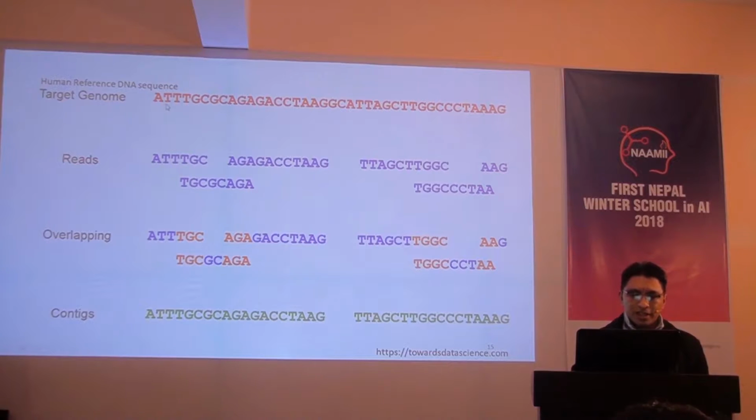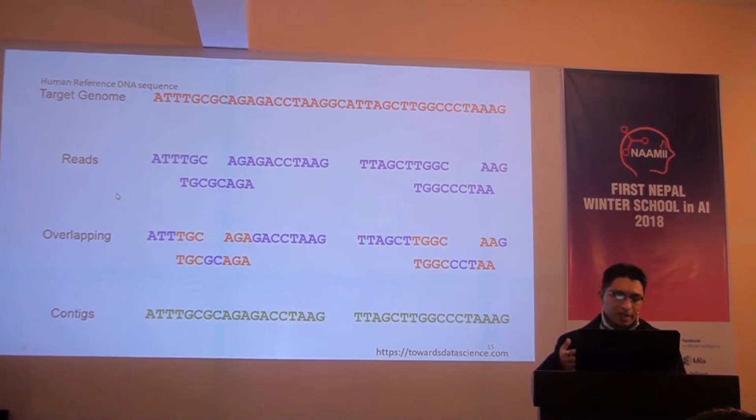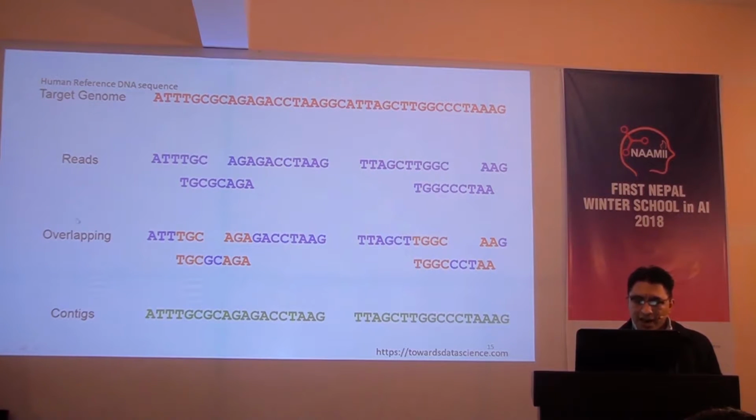This is the sequence that we obtained from the Human Genome Project that is already known. Say, for example, we are trying to sequence DNA for a cancer patient. All this DNA is from the cancer patient, and this is what is present in the database.